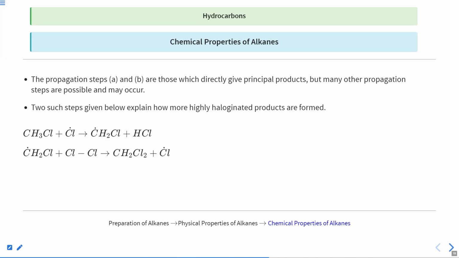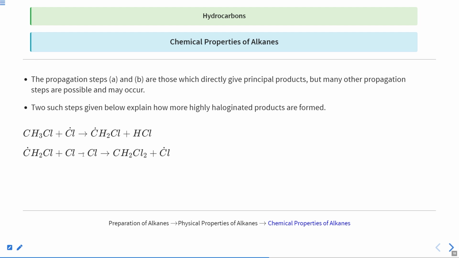Okay. Now again we have seen that there is a chance of the formation of CH2Cl2. So this is the step that we have. We have CH3Cl. This reacts with Cl dot, that results in CH2 dot Cl. Now this CH2 dot Cl again reacts with a chlorine molecule.